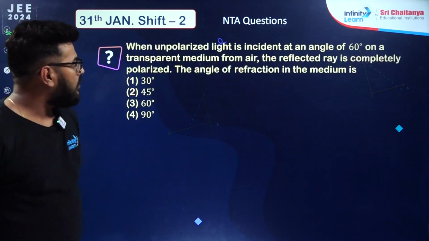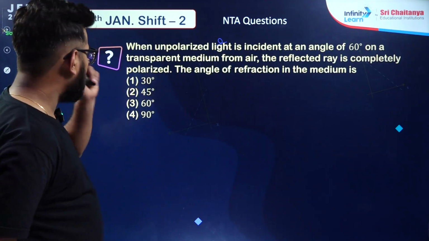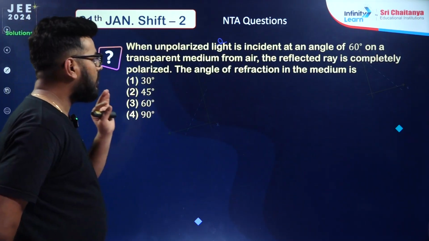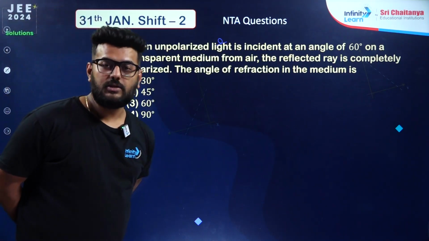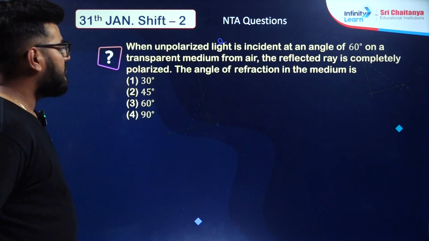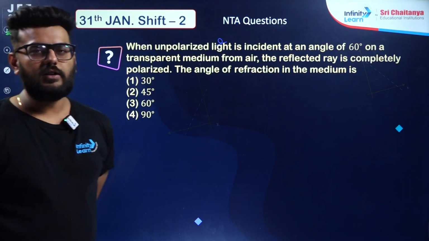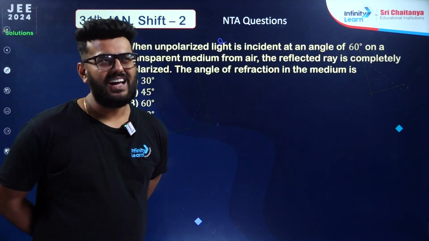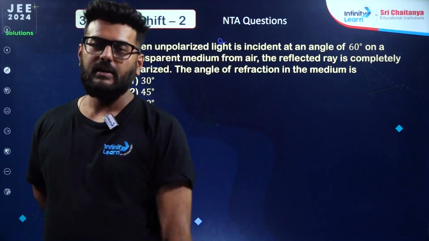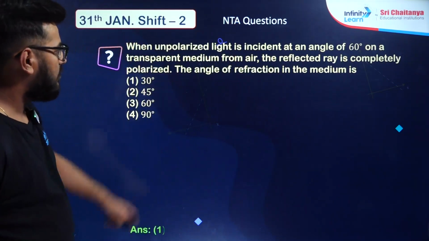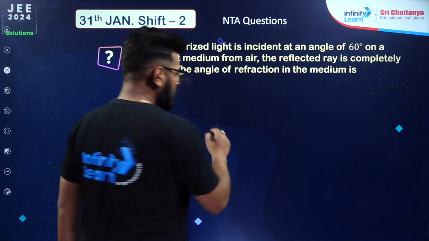Now, when unpolarized light is incident at an angle of 60 degrees on a transparent medium from air, the reflected rays are completely polarized. So this is polarization by reflection. The angle of refraction in the medium is asked. This is a very standard case of Brewster angle, wherein the angle between the reflected light ray and the refracted light ray becomes 90 degrees, and based on that you can very easily find the angle of refraction. The scenario is somewhat like this.